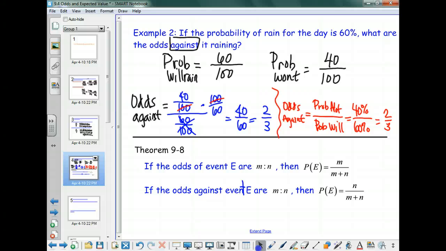Then we can find the probability of the event by taking the number of ways that the event happens and dividing by the two different numbers, that is the number of ways it happens and the number of ways it doesn't happen, to get back to a probability. So a minute ago I used the 2/3 as an example.